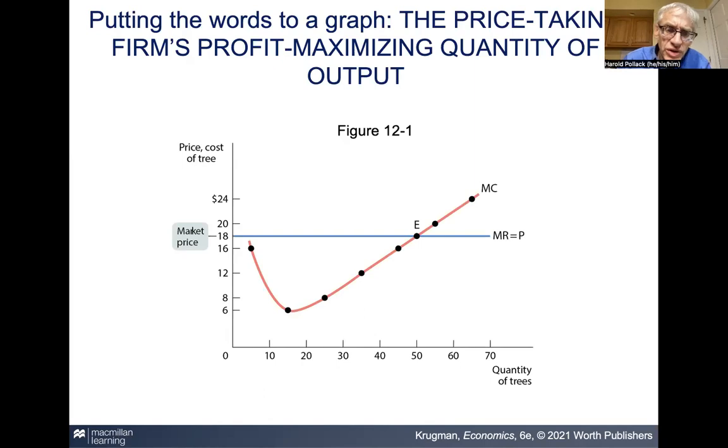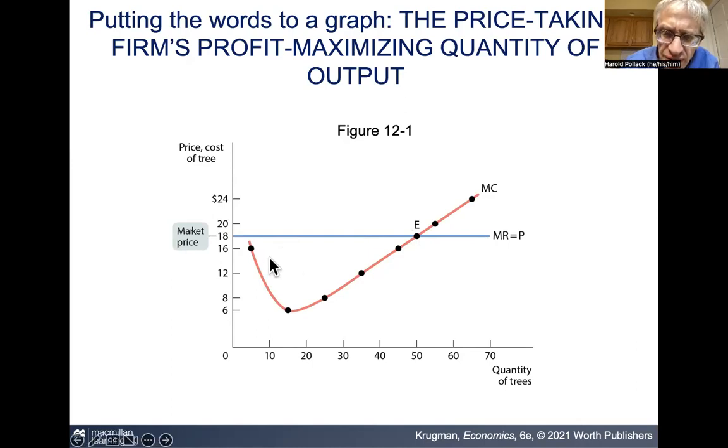So here's what I'm doing. There's a market price of trees, and I'm picking production levels, following the marginal cost curve up until it hits the point where marginal revenue equals price.